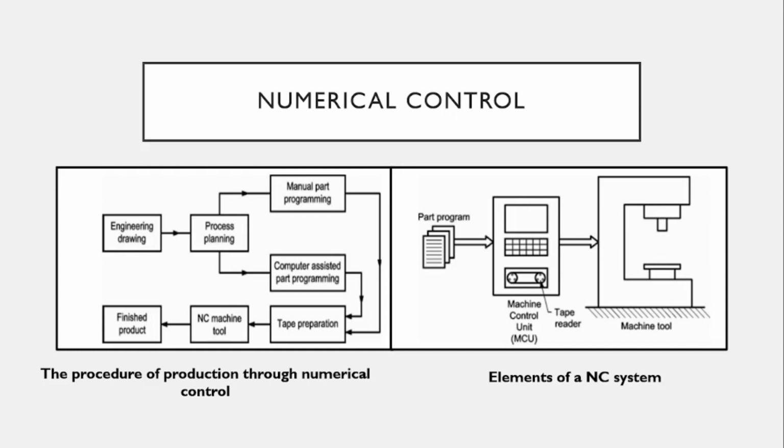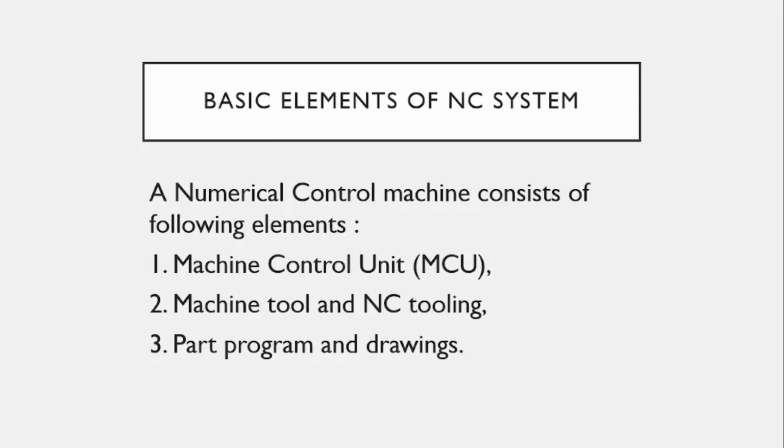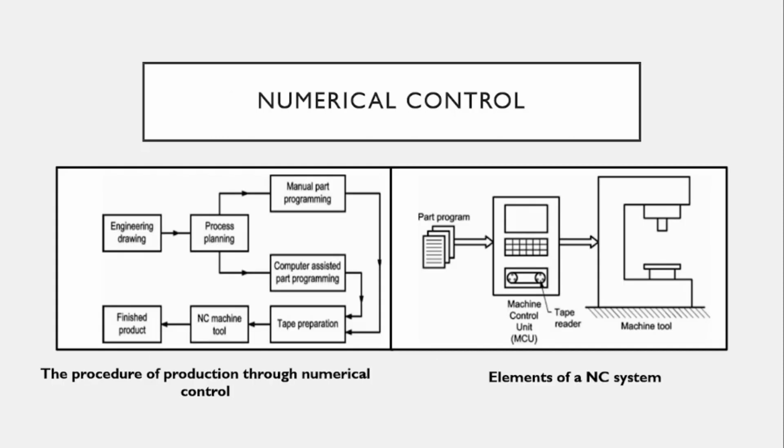Okay, now we are moving to the elements of numerical control. There are three main elements. One is the machine control unit, the second is the machine tool and numerical control tooling, and the third is the part program and drawings. In the diagram, there is a part program, the machine control unit, and the machine tool.